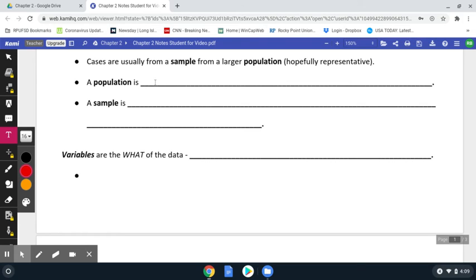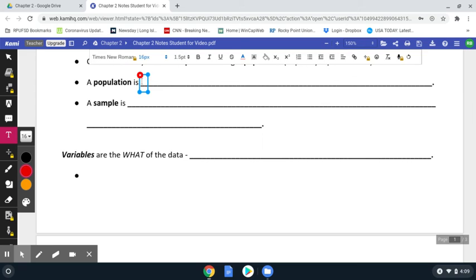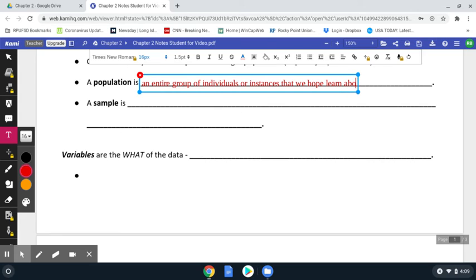So what's the difference? How do we define the difference between, say, a population and a sample? So a population really is an entire group. So we're going to start with an entire group of individuals or instances that we hope to learn about.